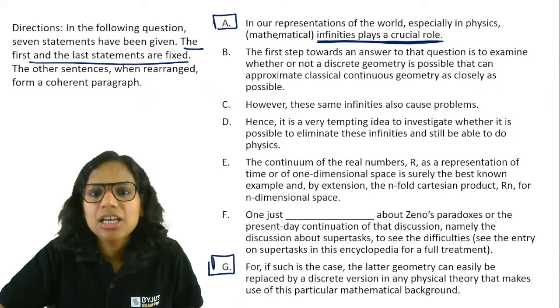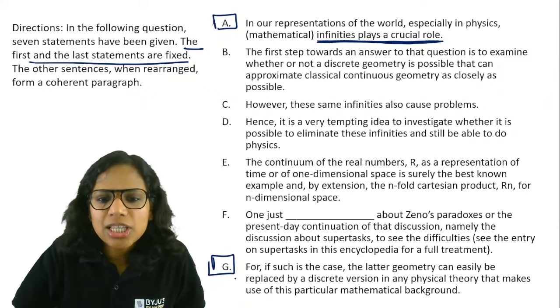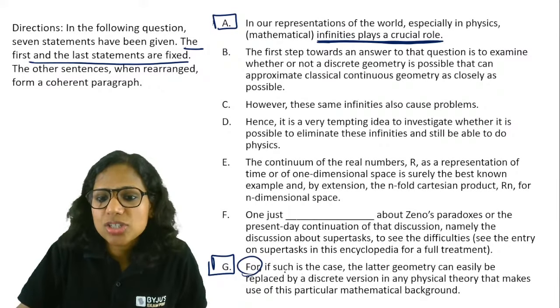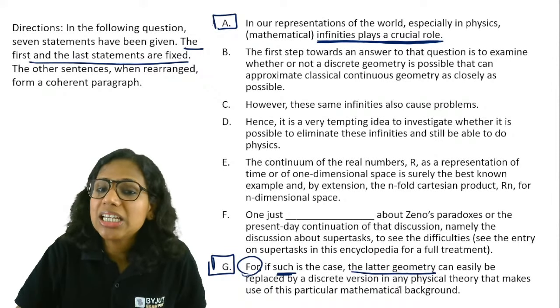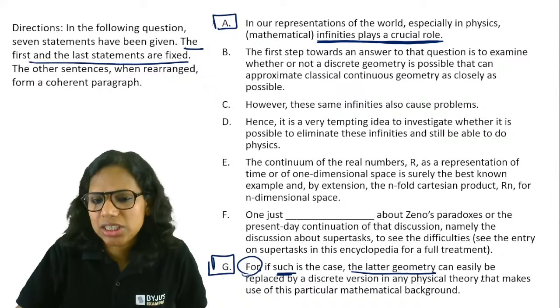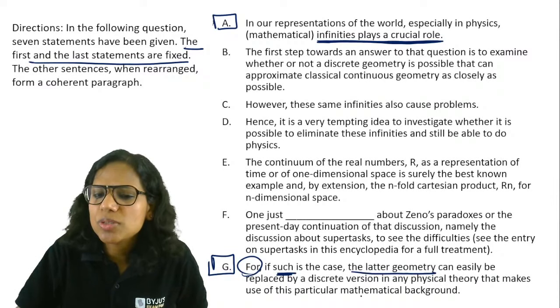Then, if you look at the last sentence, it says, if such is the case, that means I've discussed something earlier. If such is the case, the latter geometry can easily be replaced by a discrete version in any physical theory that makes use of this particular mathematical background.